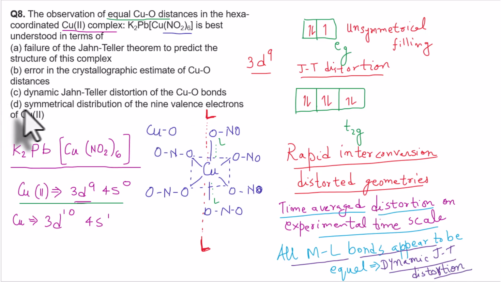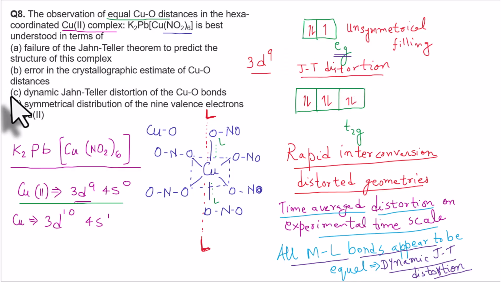Let's read option D also, which says symmetrical distribution of the 9 valence electrons of Cu2+. No, absolutely not. In the +2 oxidation state, copper shows an unsymmetrical distribution of the 9 electrons in the eg orbitals, as we saw.